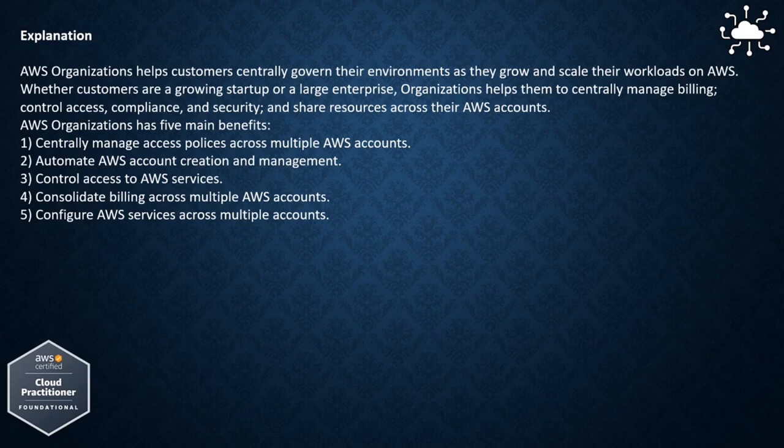AWS Organizations has 5 main benefits. 1. Centrally manage access policies across multiple AWS accounts. 2. Automate AWS account creation and management. 3. Control access to AWS services. 4. Consolidate billing across multiple AWS accounts. 5. Configure AWS services across multiple accounts.